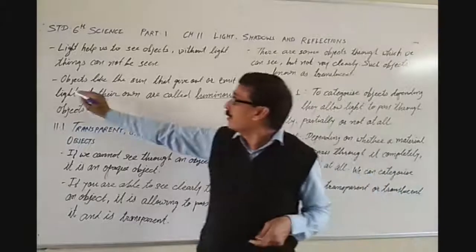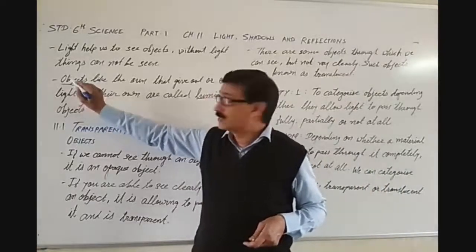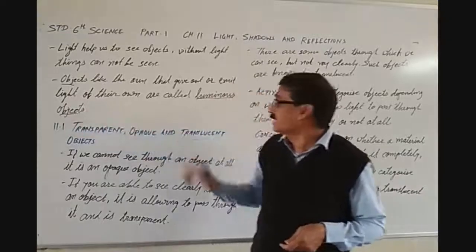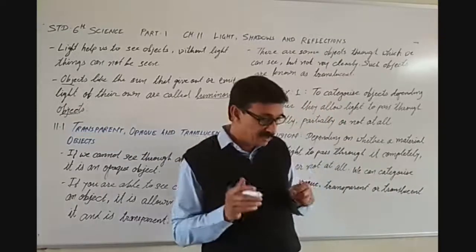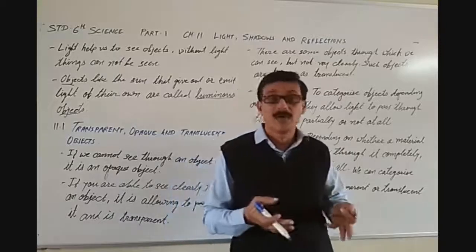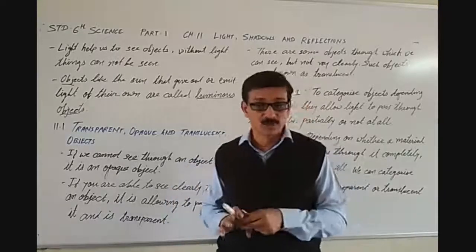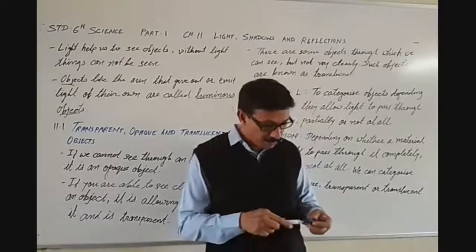So you have to underline from here. Start from this up to the word object. Luminous objects: the objects that give their own light are luminous objects. Let's go further.